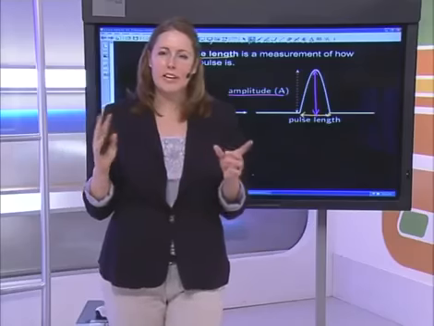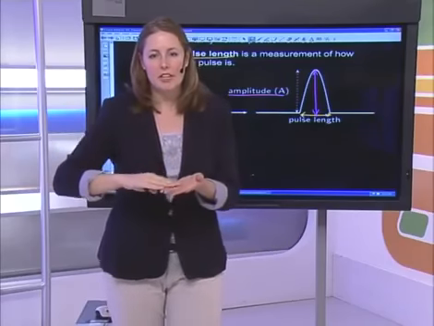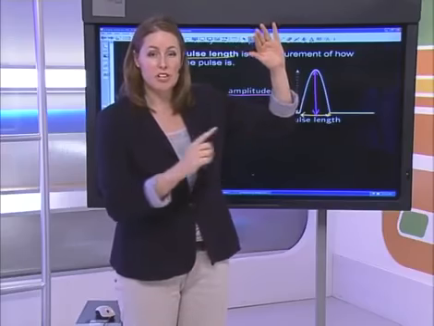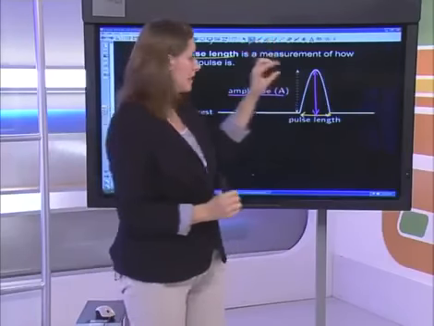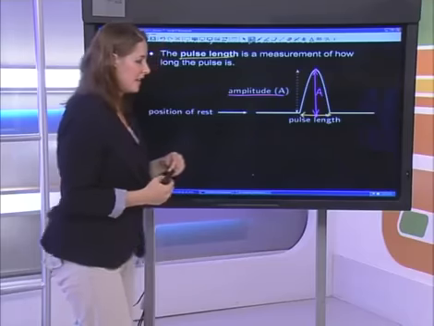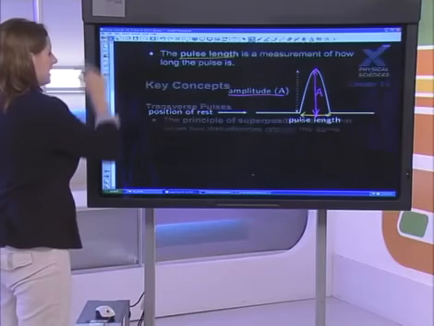Now watch out for the word height, because we do sometimes speak about the height of the wave from crest to trough, so watch out for that. We'll talk about that in the next segment. But what I want you to notice here is that this A is from its rest position to its highest point. Okay, so it's the distance that the substance is momentarily displaced.